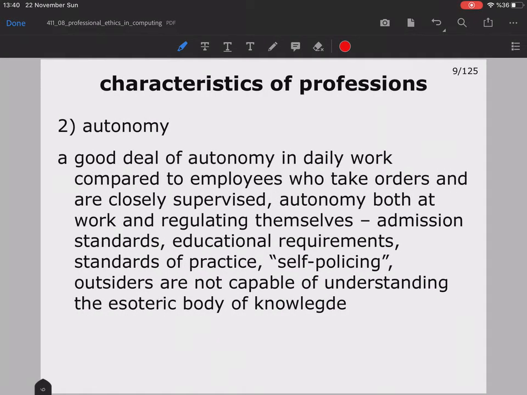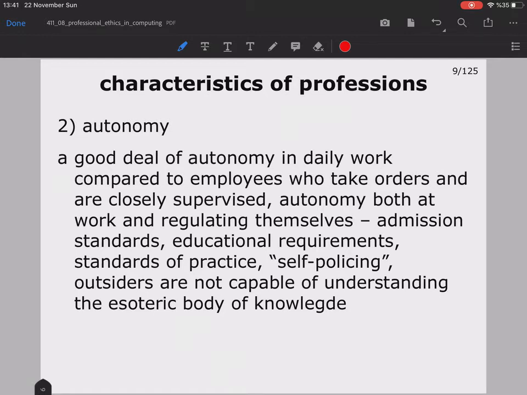And autonomy is also important, because this is the second characteristic of what we call professions. A good deal of autonomy in daily work should be available, compared to employees who take orders and employees who are closely supervised. So the members of a profession are not closely supervised like the traditional workers that we see in other sectors.